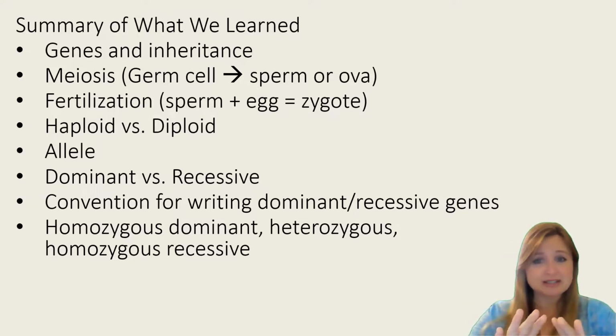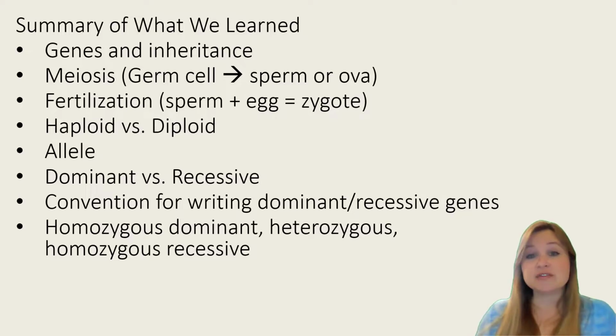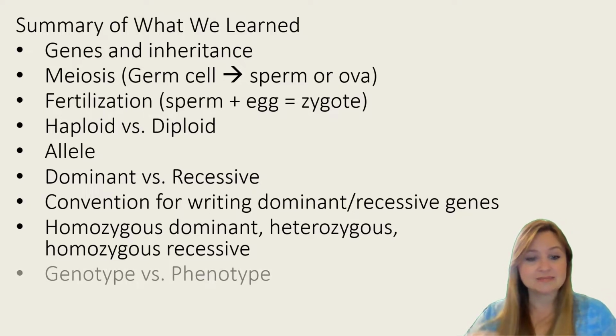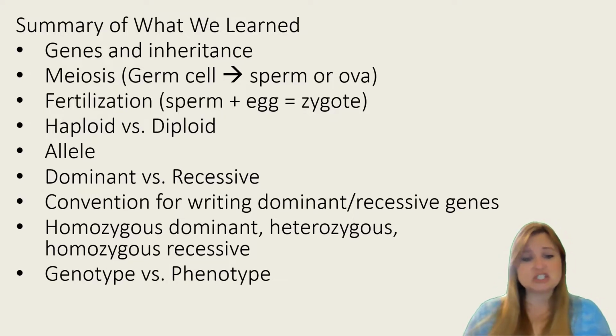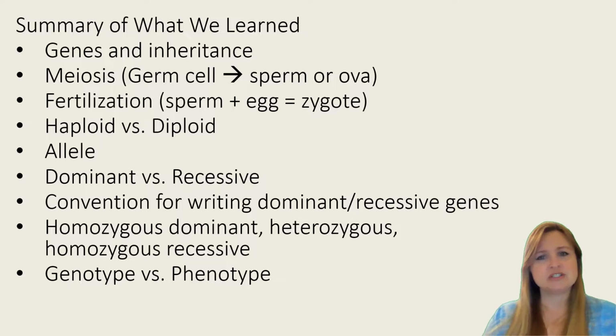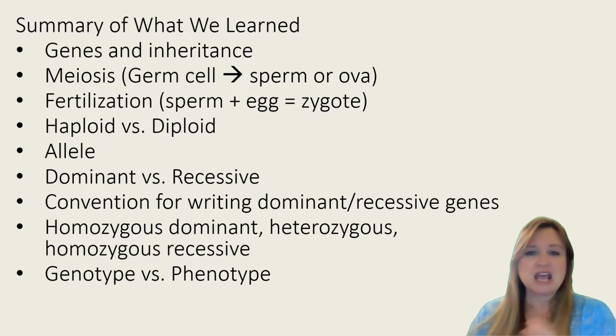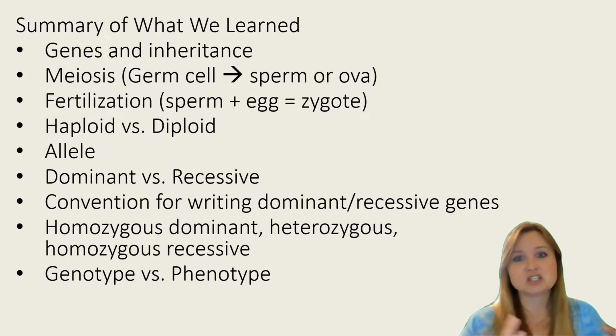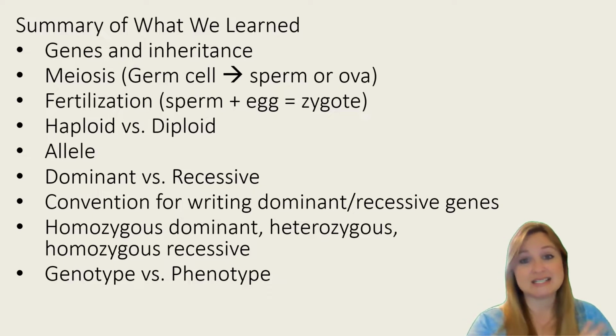They could have two of the dominant alleles or two of the recessive alleles, or if they have one of each, that's called heterozygous. We also talked about what genotype and phenotype is, where genotype refers to the genes that we're talking about, and phenotype refers to the expression of those genes, what we see.